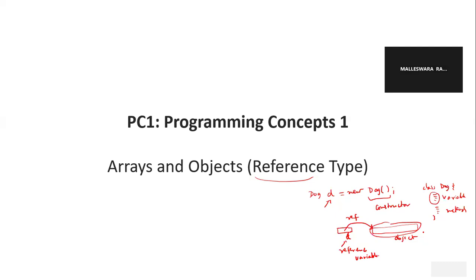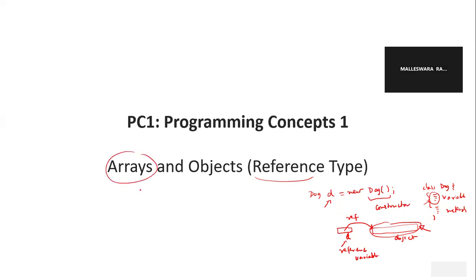The size of the object is the size of the variables. The total size of the variables is the total size of the object in terms of memory. So that's about defining objects.